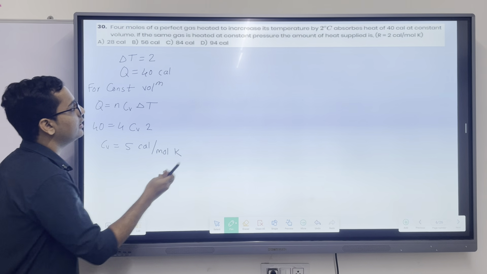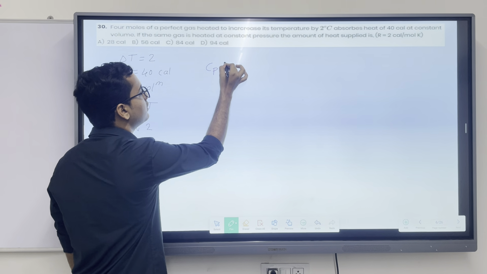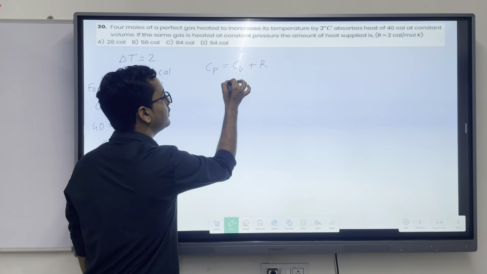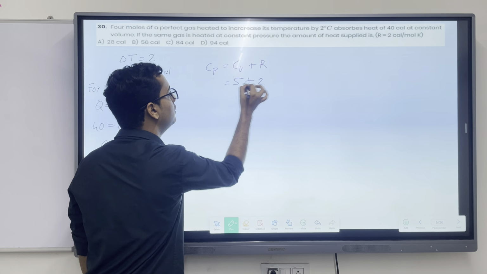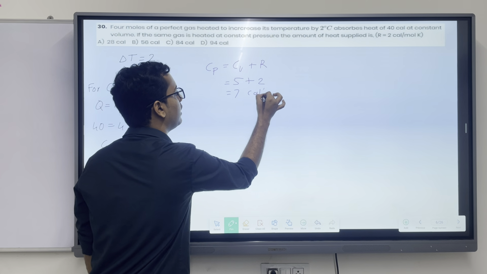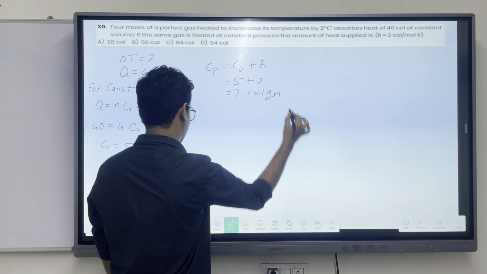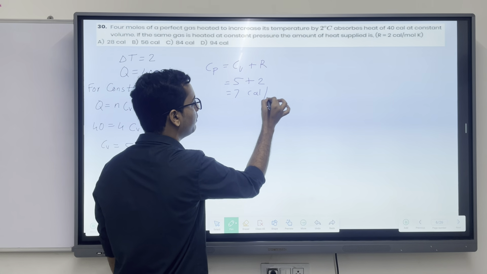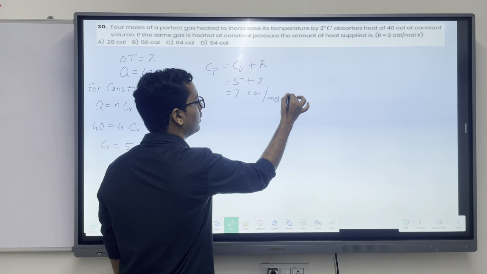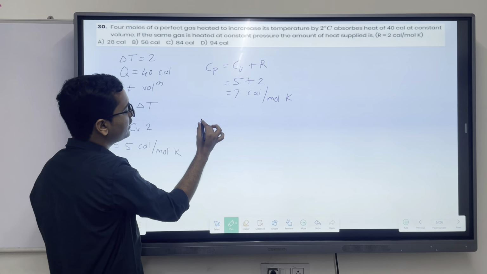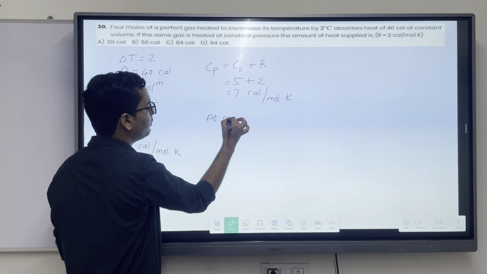So I got the Cv value. Cp is nothing but Cv plus R, which is 5 plus 2, which is 7 calorie per mole. So how much heat is required? I write down at constant pressure.